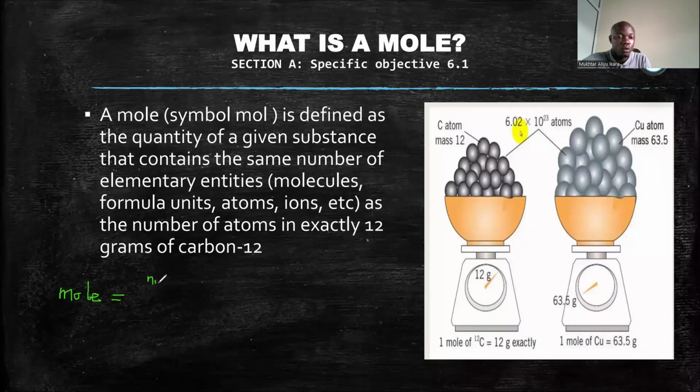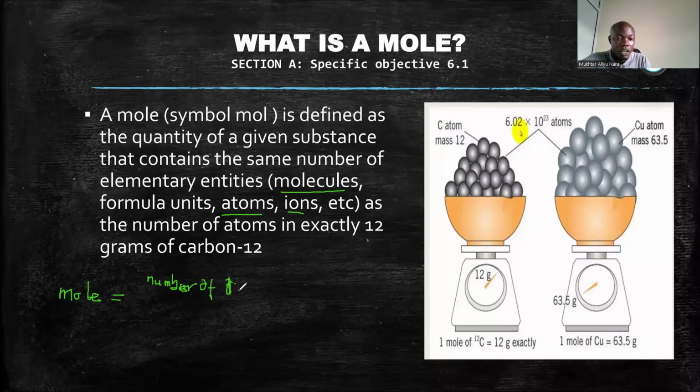Number of particles, or number of atoms, number of elementary entities. It can be any of either number of molecules, number of atoms, or ions. So let's say here, number of atoms.